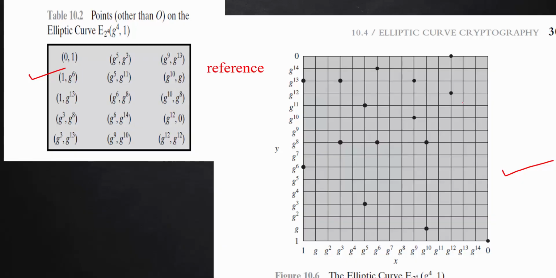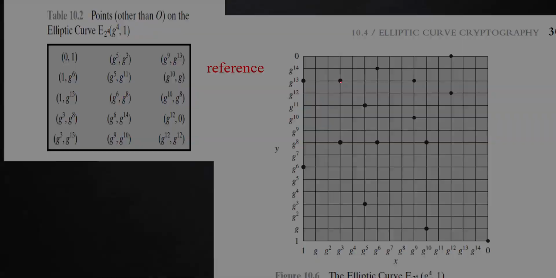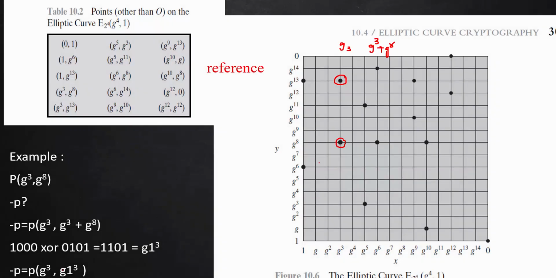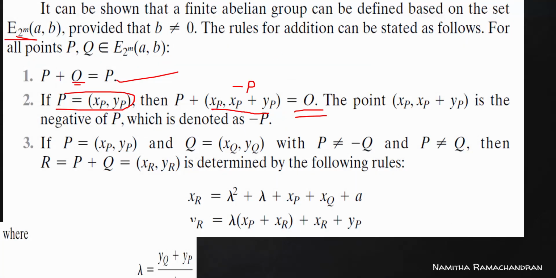So we get that additive inverse at this particular point g3, g13. So this is the coordinate position of the additive inverse of a given point P. If P has coordinate xp, yp, its additive inverse will be at point xp, xp plus yp.